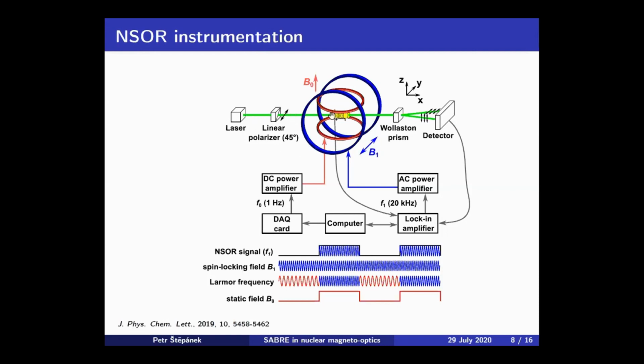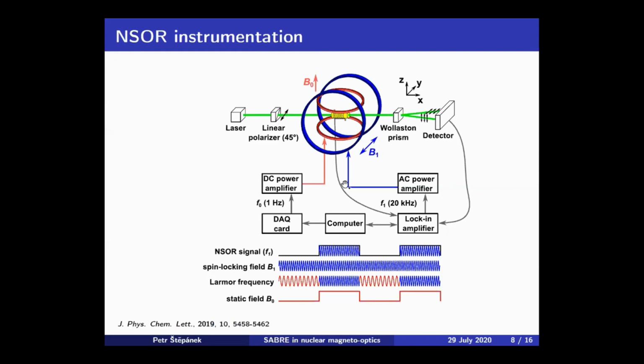Here we have the beam that goes through the sample, and after it passes through, it is split into 2 components, horizontal and vertical. Initially, it has 45 degrees, so that means that these 2 components are equal, but as the NSOR flips back and forth because our magnetization changes direction with the beam, these 2 components change intensities, and it can be amplified and converted to NSOR.